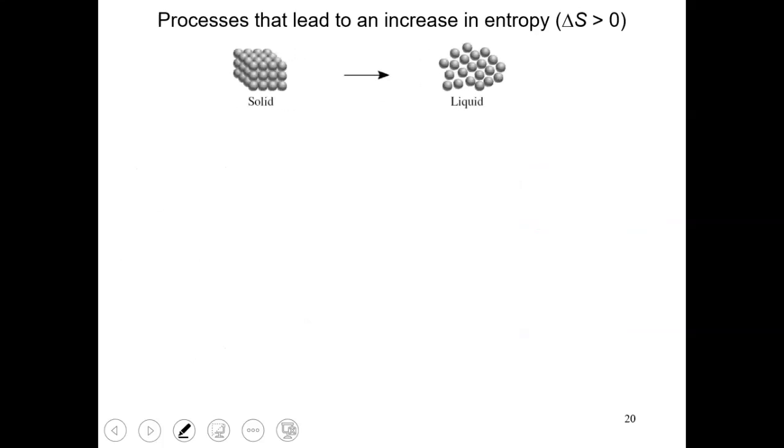Let's say, for example, the conversion of a solid to a liquid. Makes sense, right? In the solid, the particles are pretty much fixed in position, and so there's very little lateral or vertical way of them rearranging themselves. When you go into the liquid state, though, the particles, although they are close to each other, are moving, and so they can rearrange themselves in more microstates. Of course, perhaps the most dramatic one will be the vaporization of a liquid.